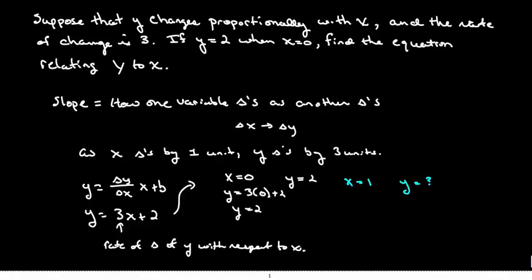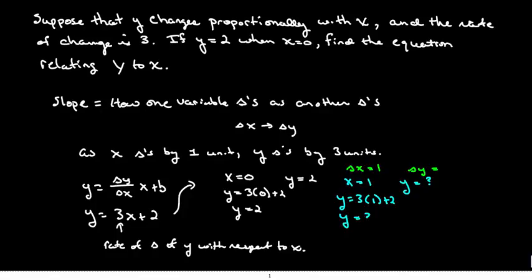So the change in x was 1. We increased x by 1 unit. Now let's see how y changes. So what is the change in y? That's what we're looking for. Now watch. If we plug that in, we've got y is equal to 3 times 1 plus 2.